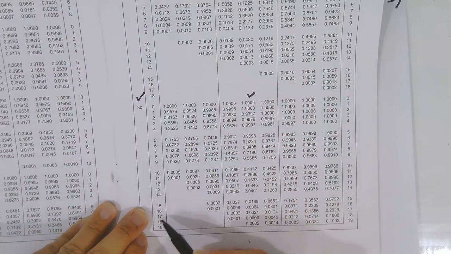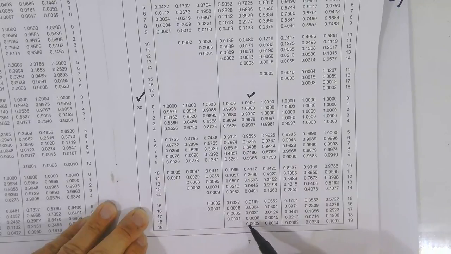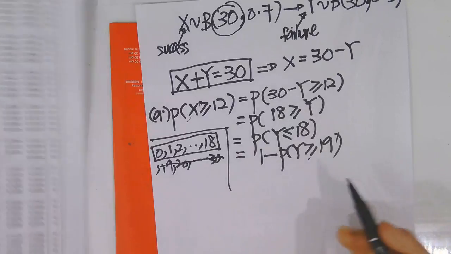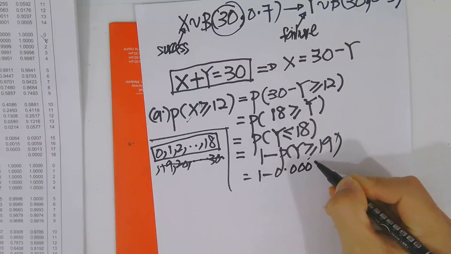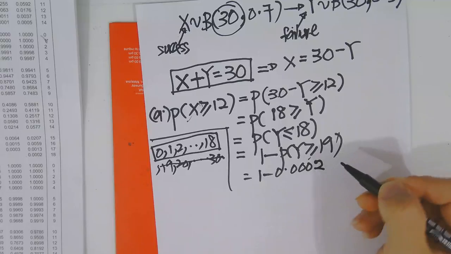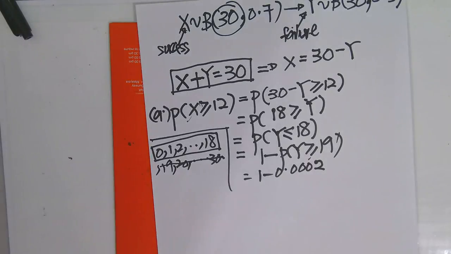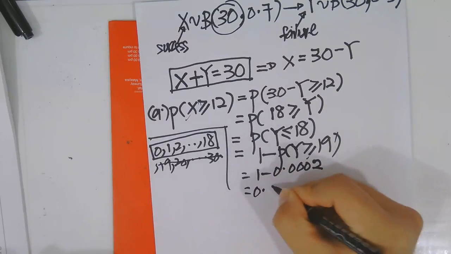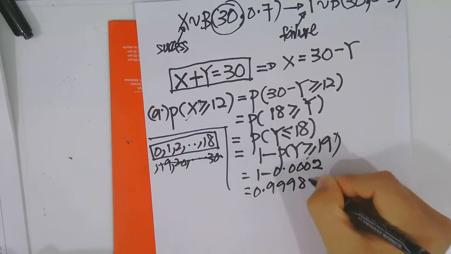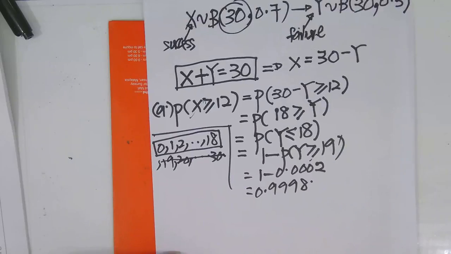You see the value here. 19 is exactly here, which is 0.0002, right? 1 minus 0.0002, which will give you the value of 0.9998. Alright, this is the way we transform.